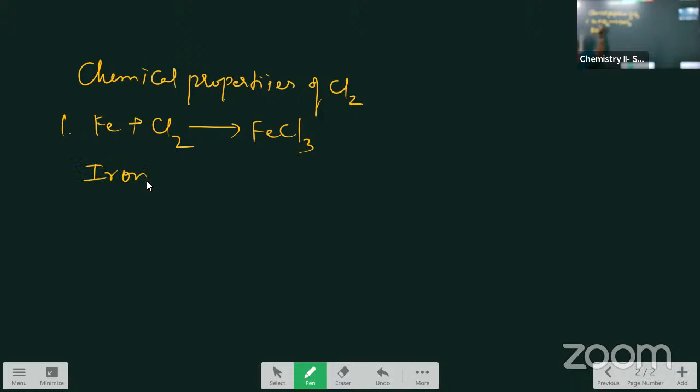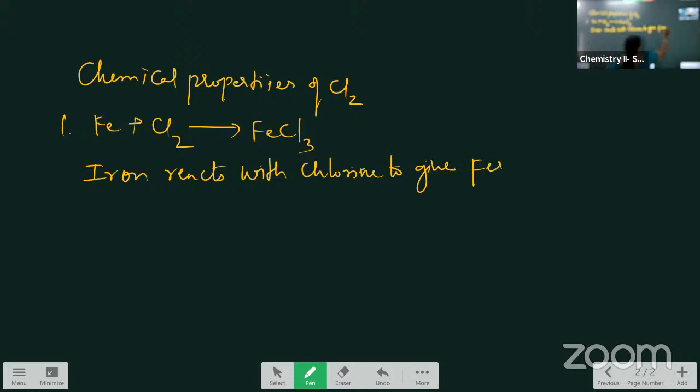Iron plus, that means reacts. Make a simple statement, students. Reacts with Cl2, meaning chlorine, to give FeCl3. So this is ferric chloride. So Cl2 reacts with Fe to give ferric chloride. This is the first reaction.